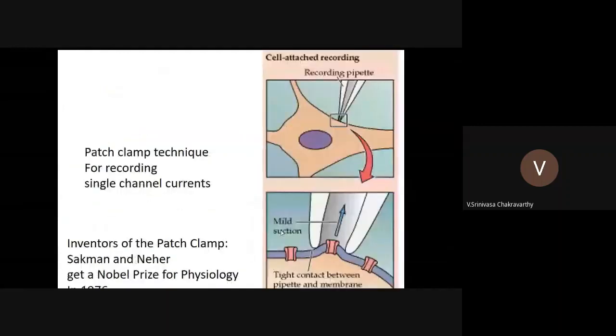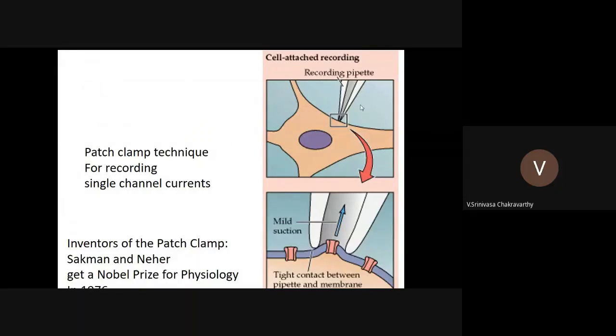Now, first of all, how do you measure channel conductance? A channel is a molecule, so how do you measure that current? There is a technique called the patch clamp, developed by Sakmann and Neher, for which they were awarded the Nobel Prize in 1991. By this method, you can even pick a single channel, which is what is shown in this picture.